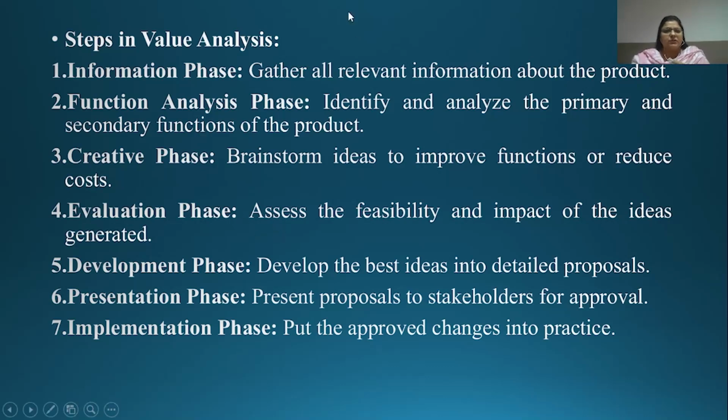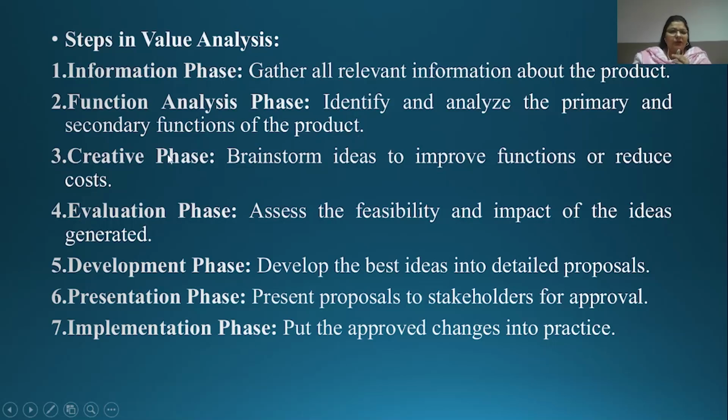So these are some steps in value analysis. Number one, information phase: we gather all relevant information about the product. The second point, functional analysis phase: in this phase, identify and analyze the primary and secondary functions of the product.